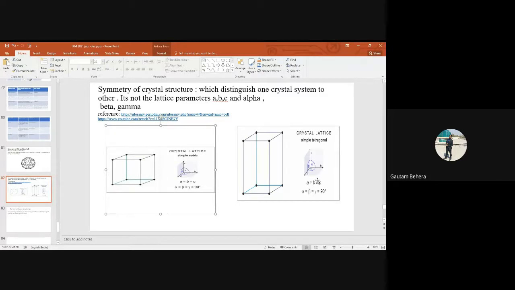And the interaxial angles are 90 degree like the cubic system. Alpha is equal to beta is equal to gamma is equal to 90 degree.